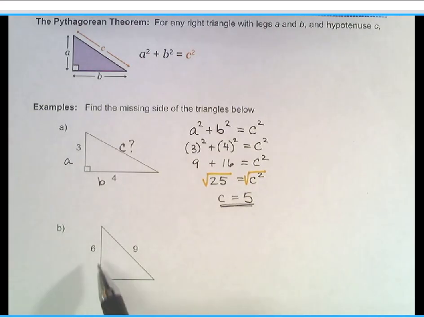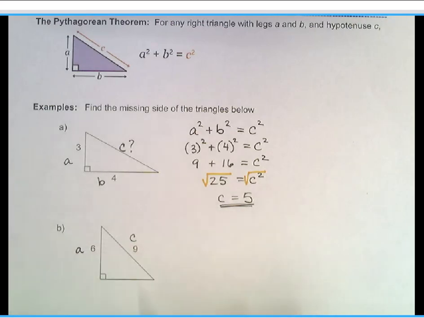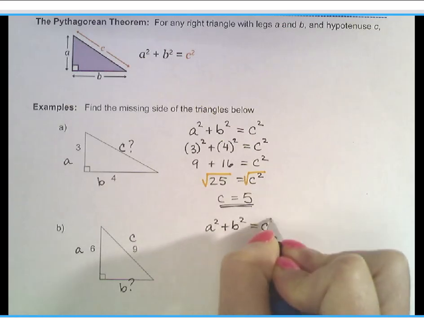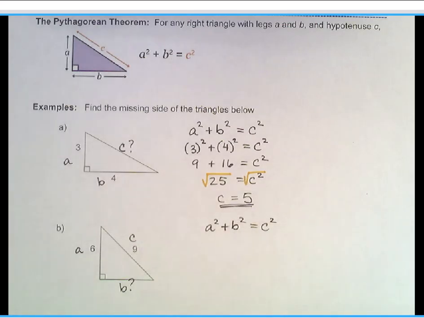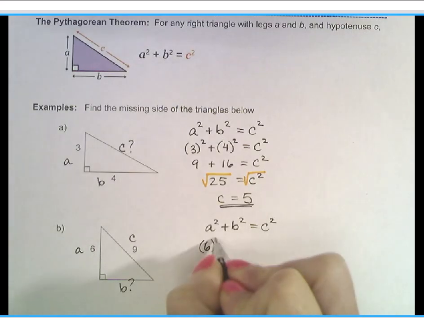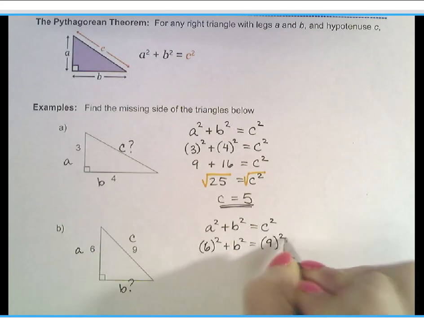All right, now this one we have a leg labeled 6, and then we have the hypotenuse 9. So I'll call those A and C. And what we're trying to find is this other leg, which is B. So again, I'll just start with my formula that I know, the Pythagorean Theorem. We've got 6 squared plus B squared equals 9 squared.